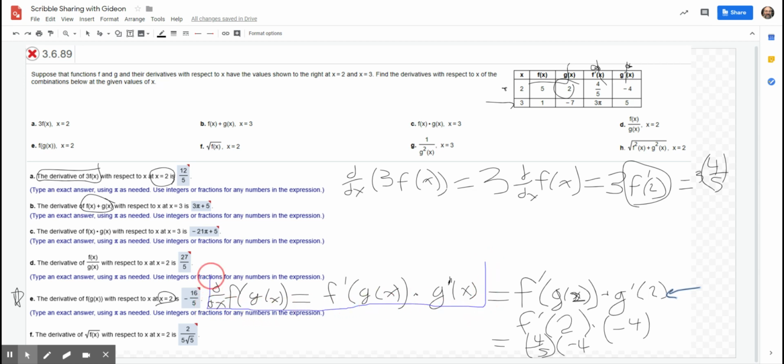This is just the chain rule applied symbolically, let's say. Most people know it verbally. The derivative of a complicated function or function of another function is the derivative of the first function applied to the complicated inside stuff times the chain term, which is the derivative of the inside stuff.